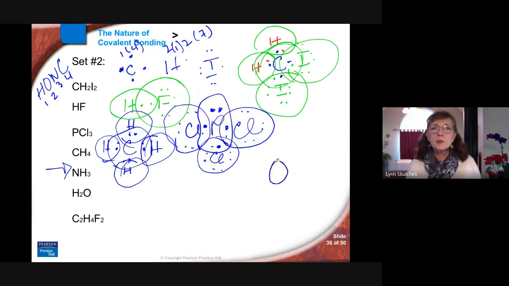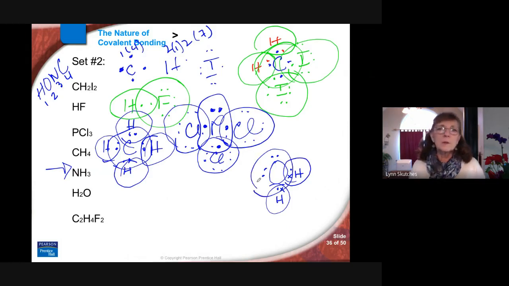Water looks just like the sulfur with 2 hydrogens, except it is oxygen with 2 hydrogens. I just switched up the dots so I didn't switch pen color. Duet, duet, octet. You didn't have to do those, so don't freak out.